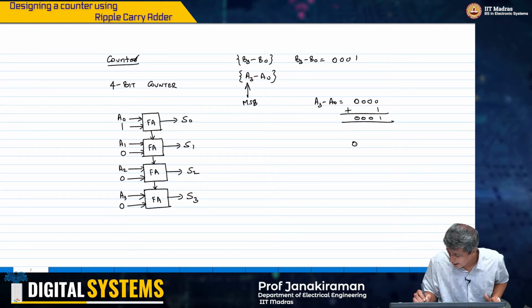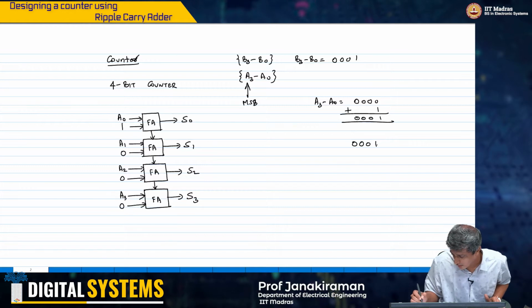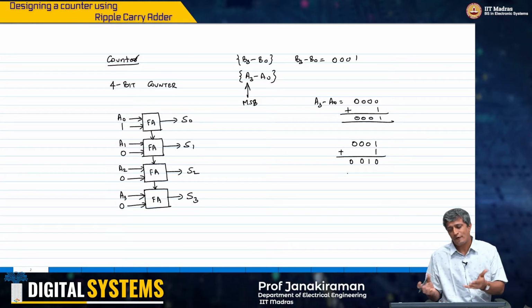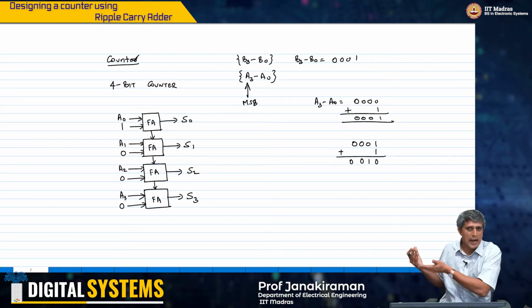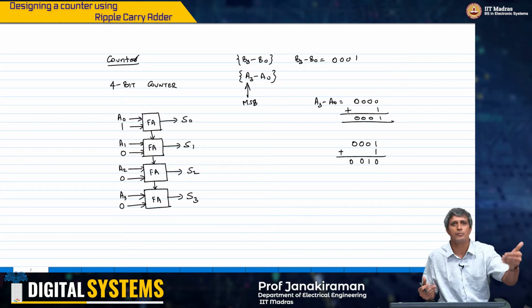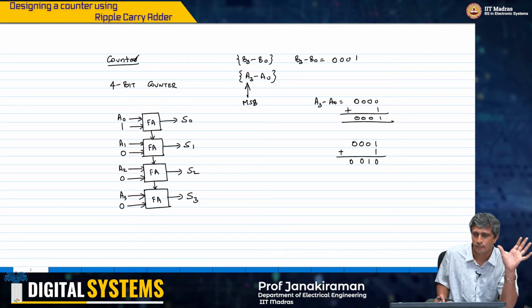Now if my input itself was 0, 0, 0, 1, I will add 1 to this and get 0, 0, 1, 0. Effectively, you just add 1 and the next state is automatically available at the output of this adder.